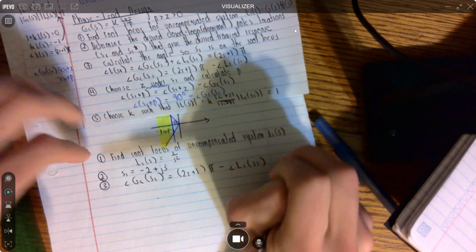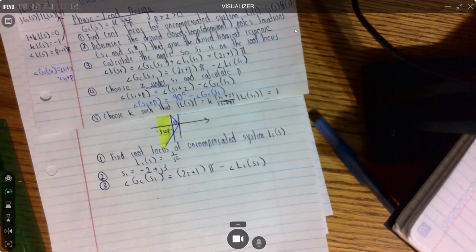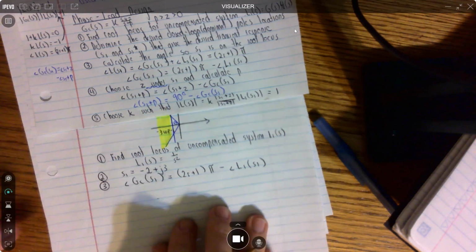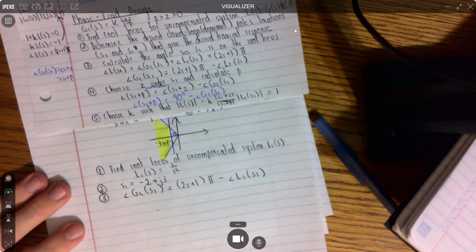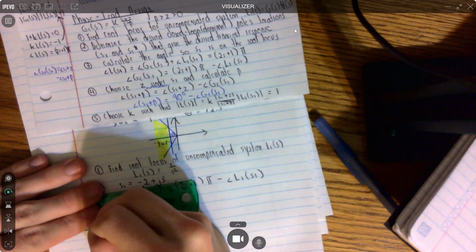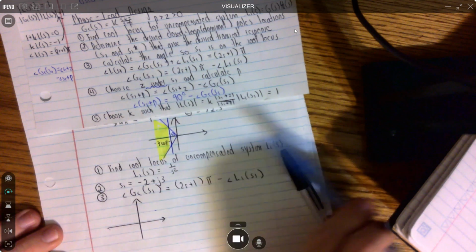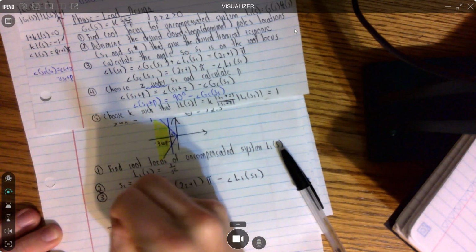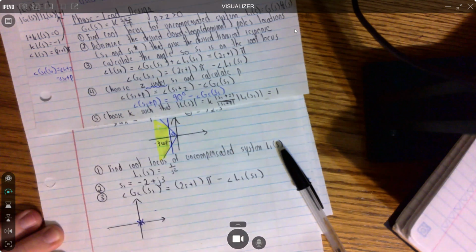Okay, so remember when we had our plot, a good representation of it, I guess, would be the following. Where we know our uncompensated system, we have two poles at s equal to 0, okay? And so that's just our uncompensated system.